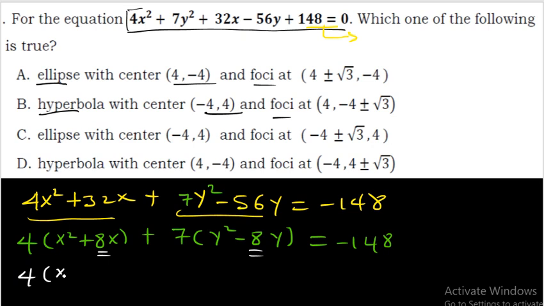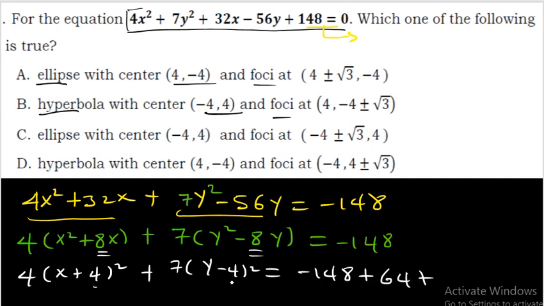So 4 bracket x plus half of 8 will be 4, squared, the whole, plus 7 again, half of 8 is 4 again, y minus 4 squared. On the other side, negative 148 plus 4 squared, 16, 16 times 4 will be 64, plus again here the same thing, 4 squared is 16, 16 times 7, I have to multiply 16 by 7, which is 112. So this sum will give us 28.